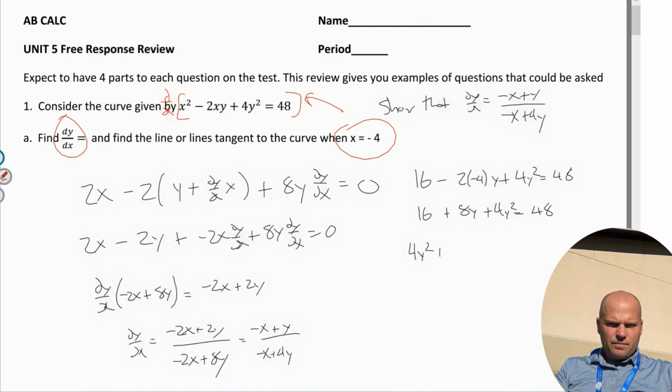Same side. Get minus 32. Factor out the 4.